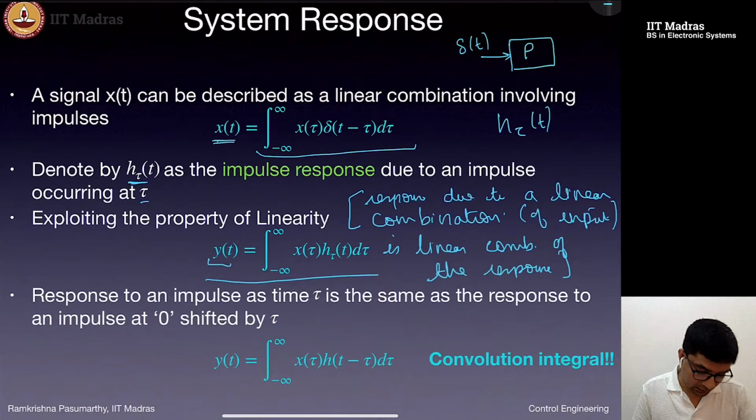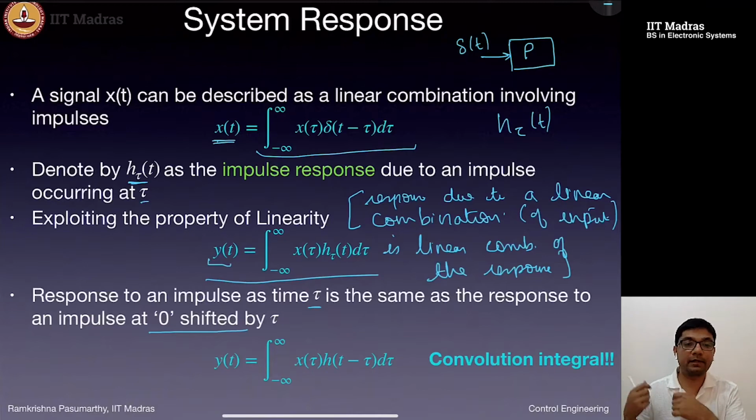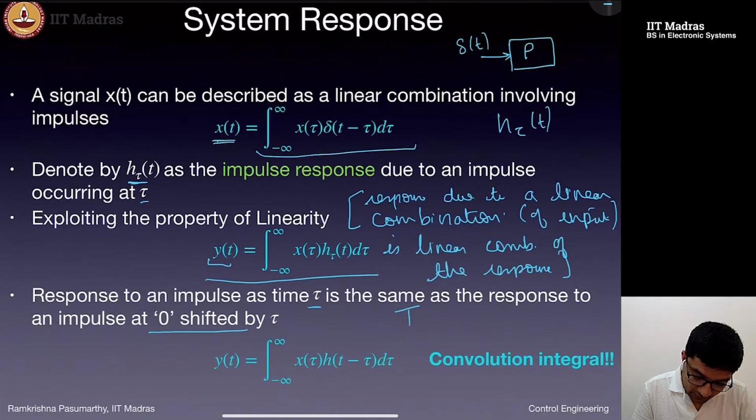Okay, now again, what we know from the theory of linear systems is that I exploit the delay property: the response to an impulse at time tau is the same as the response at zero shifted by time tau. If you look at the time shifting property that we talked about in linear systems, this is a property of time invariant systems.